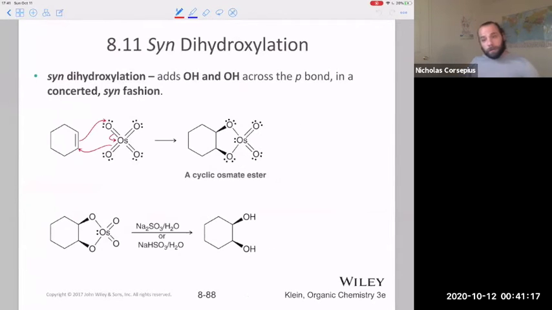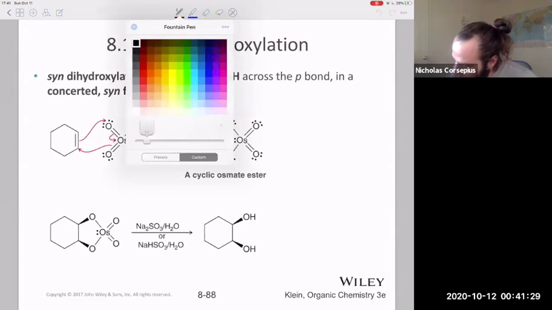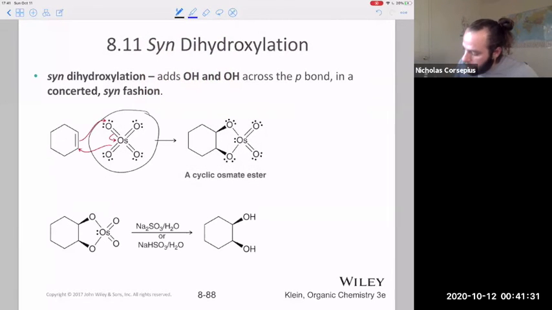So now what if you do want a syn diol, right? Diol just meaning that it's two alcohol groups. For that, you can use a different set of reactants. These types of reactions can be catalyzed by this guy here. This is osmium oxide, okay?